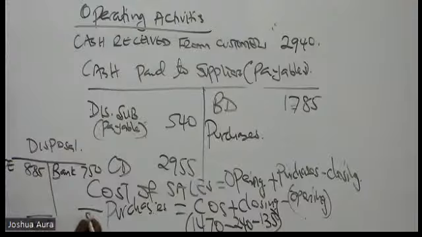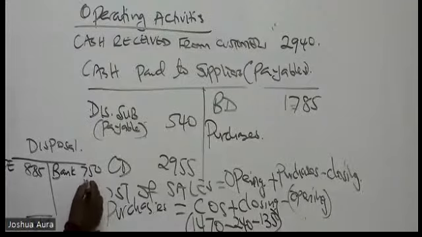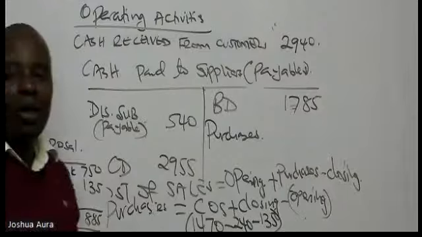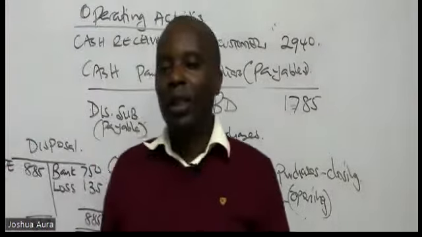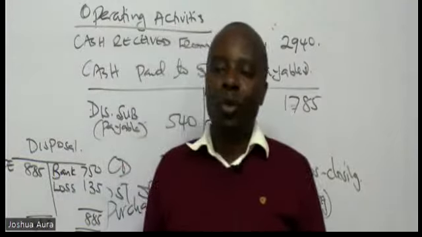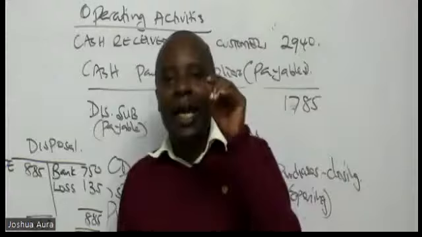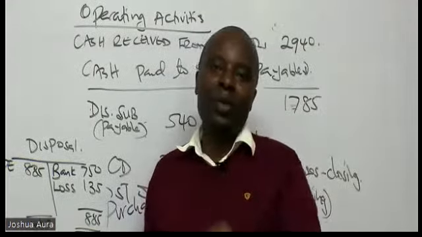The debit side is bigger. So you can see straight away that there is a 135. And this, of course, when it comes to the credit side, it must be a loss on disposal. Why a loss? Because I'm crediting this account and then I debit my income statement.